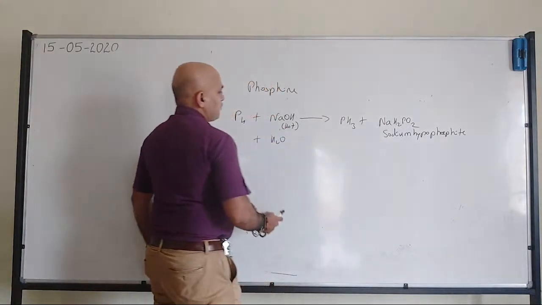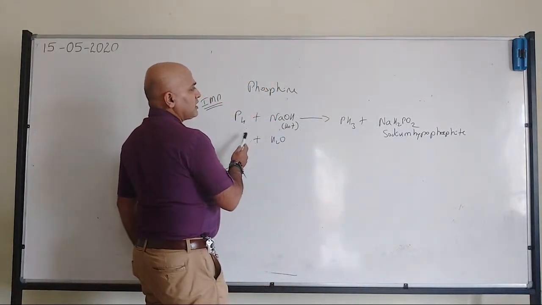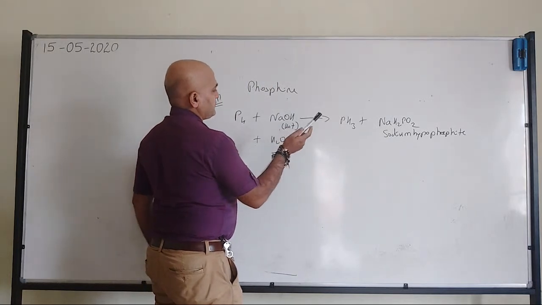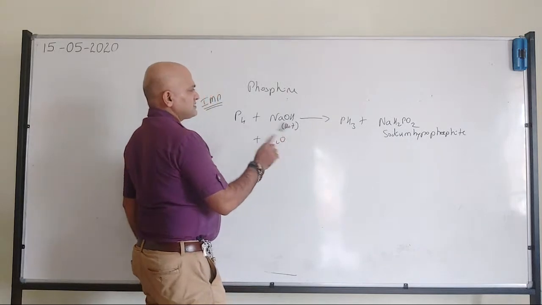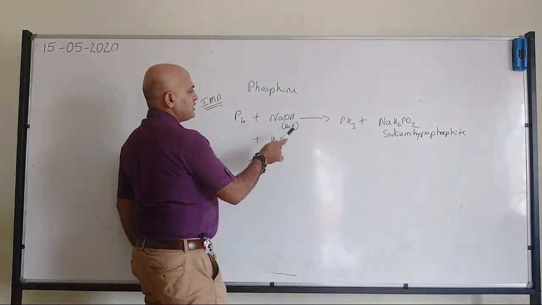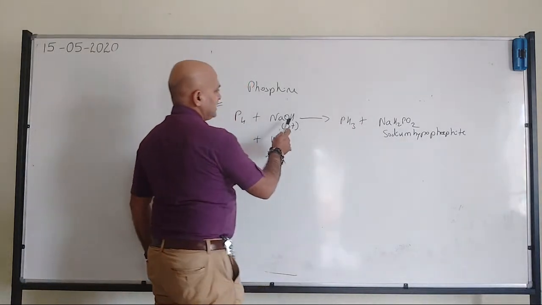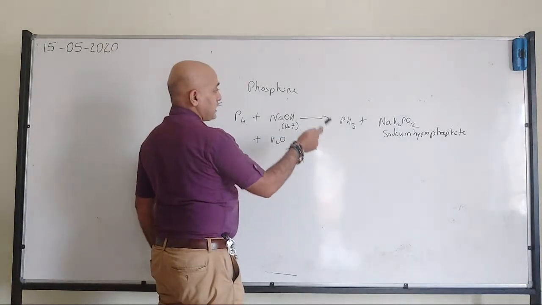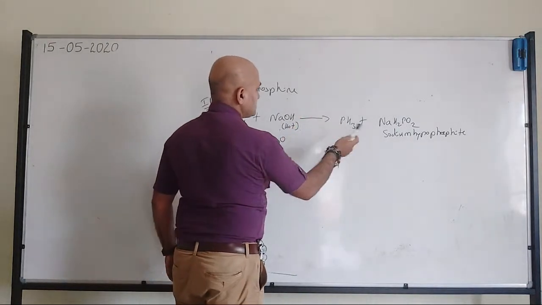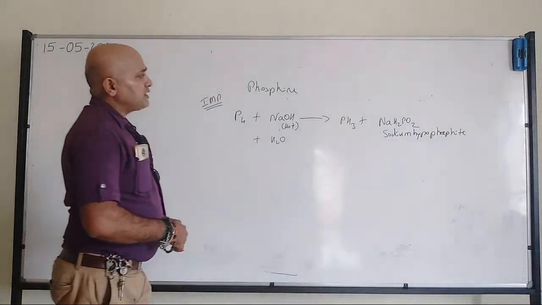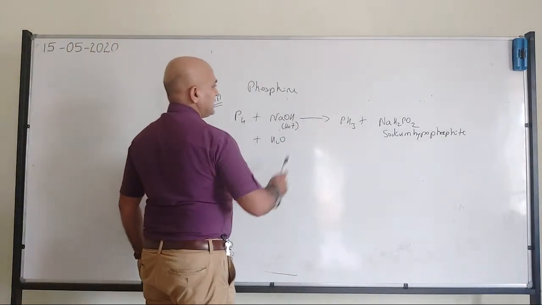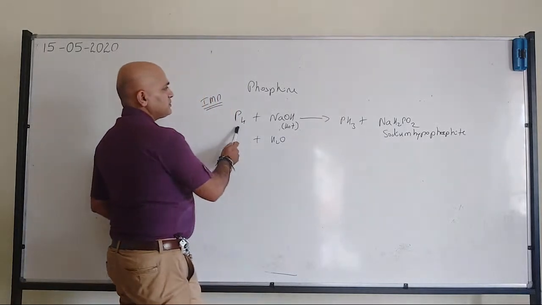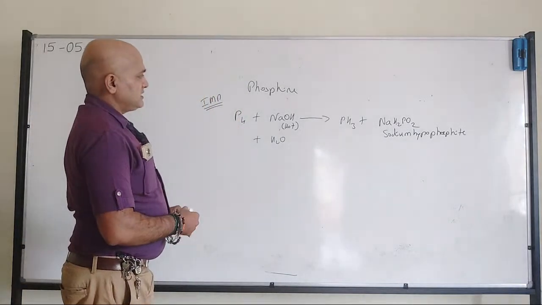Sodium is already 1. Then phosphorus comes in 3 here, hydrogen comes in 4, then oxygen comes in 3. Either we should go with phosphorus or oxygen. When it comes to oxygen, it looks like it is balanced, but phosphorus is not balanced, right?